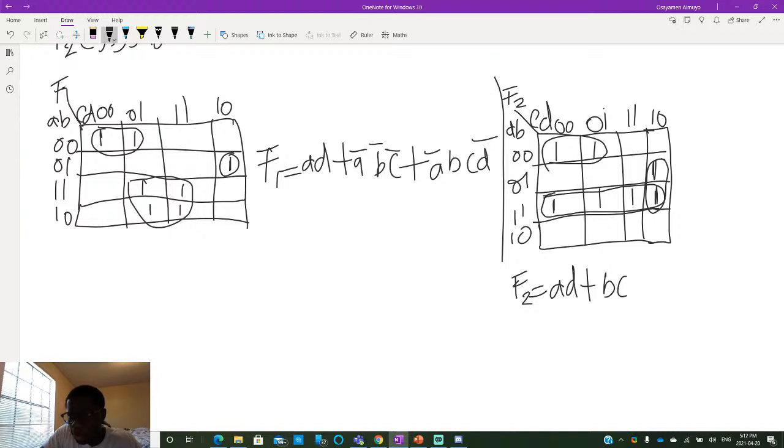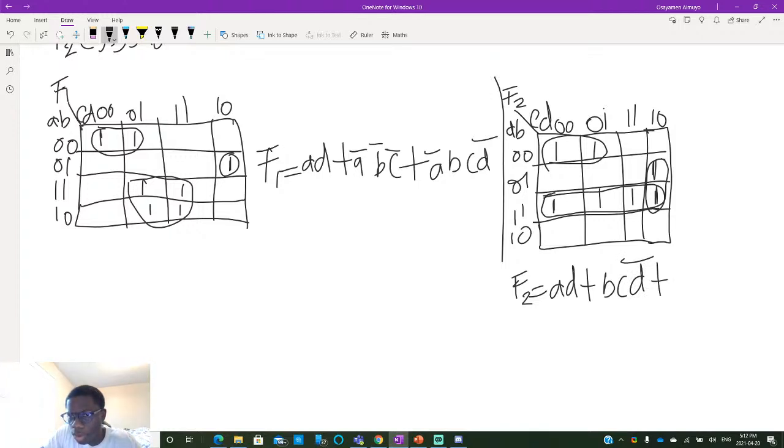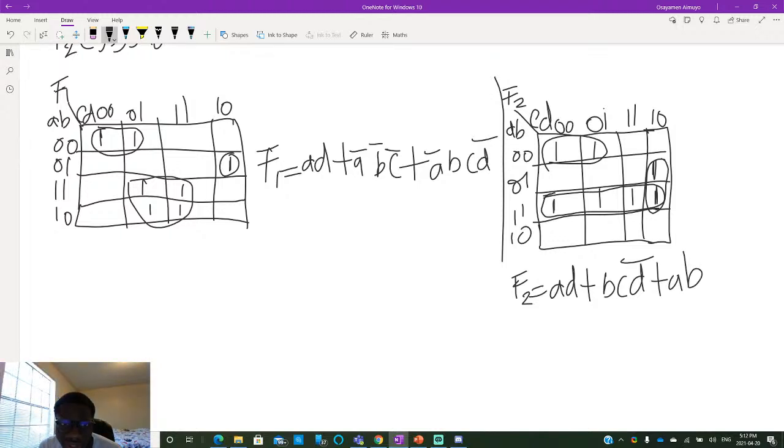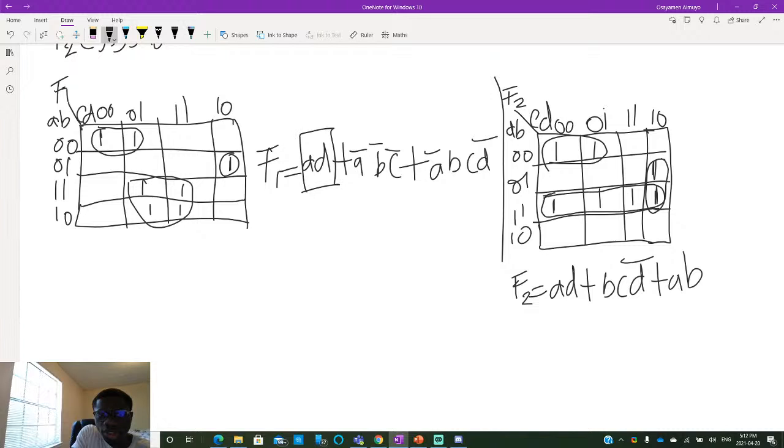B, C, D bar, and then or AB. So examining these two functions, we can see that AD is common. Yes, the term AD is common between both functions, so we can share them. And so if we were to implement this function, we would share these two terms.